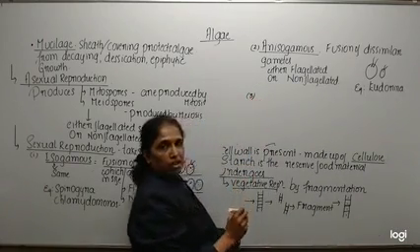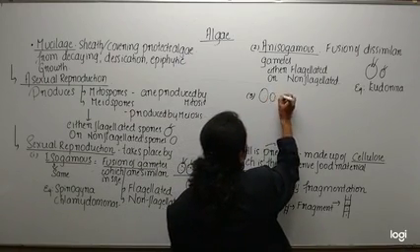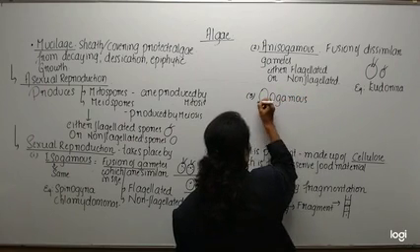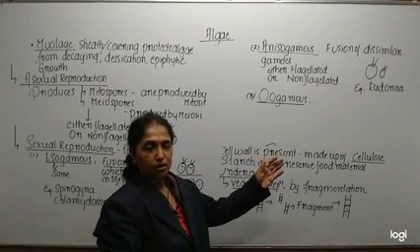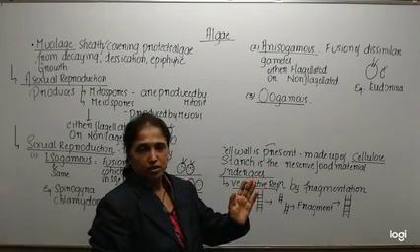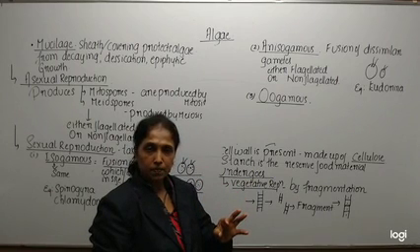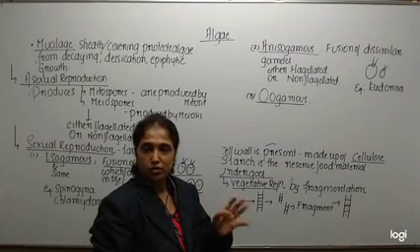Under sexual reproduction, we'll move on to the third one. It is called the oogamous type. Under the oogamous type, both gametes are exactly different. The female gamete is larger in size and non-motile, without flagella.